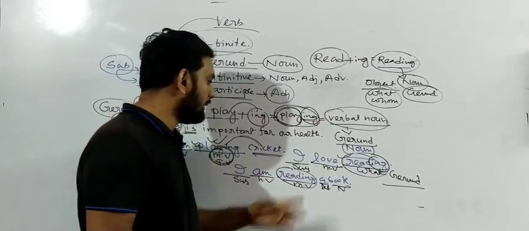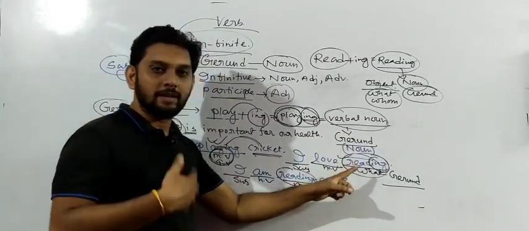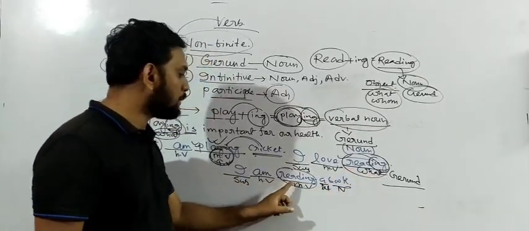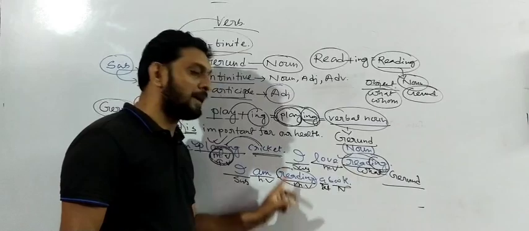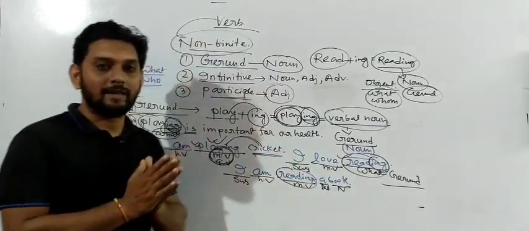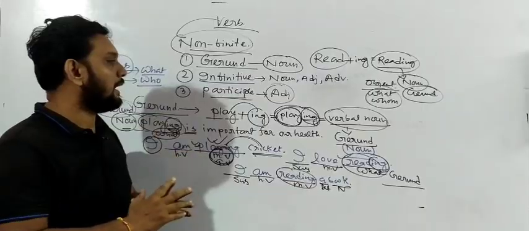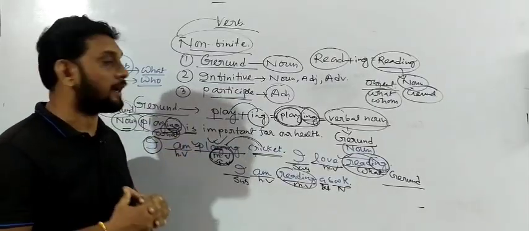Here also I have written I love reading. Here reading has been used as a gerund form, but in I am reading a book, reading has been used as the main verb of a sentence. So I think you should not be confused after getting this vast concept of gerund.